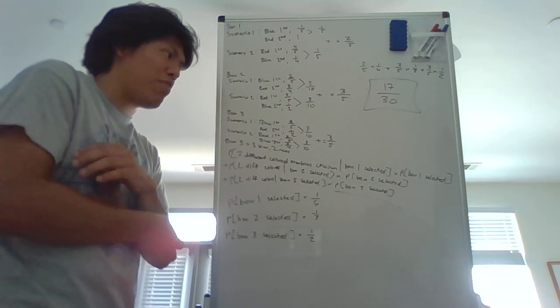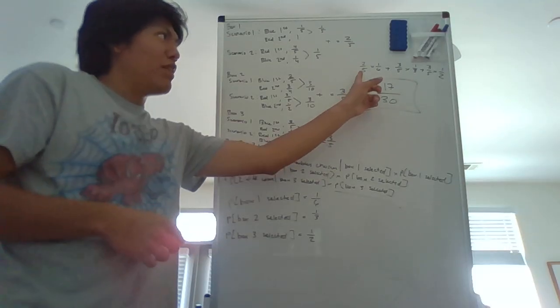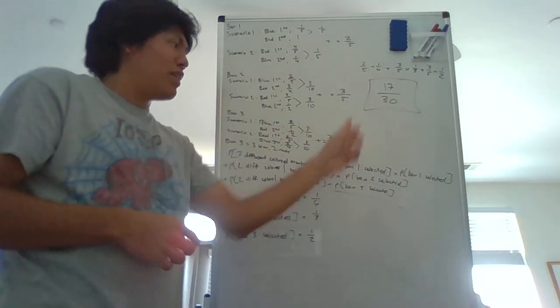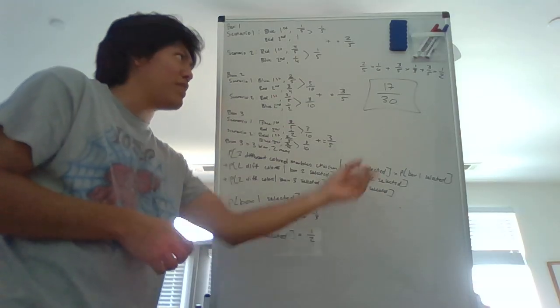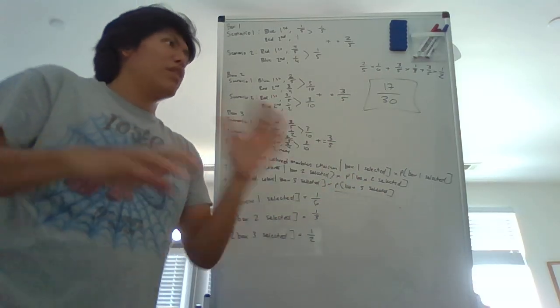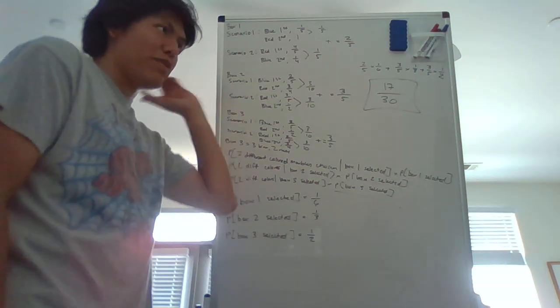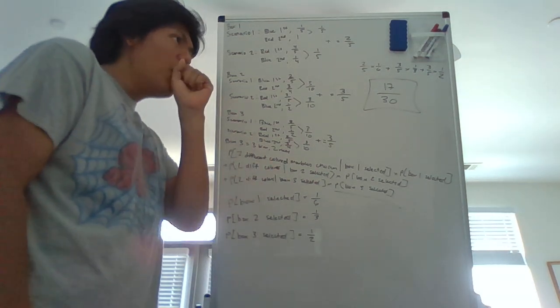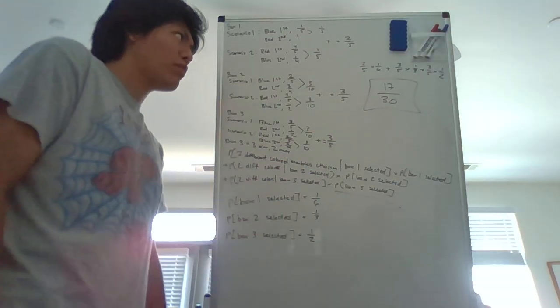Each box has a different probability of being chosen. And then at the end we, again, multiply within the scenarios and then add the total probabilities together. That is it. So yeah, that's how I solved this one. And I still got the same answer as the textbook, so.